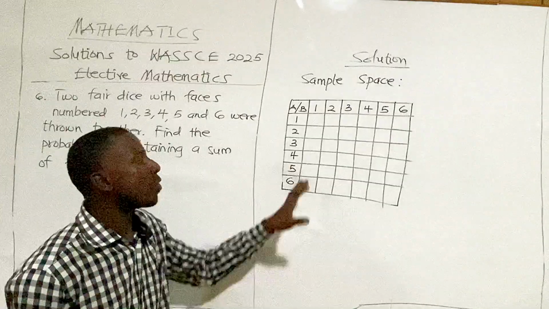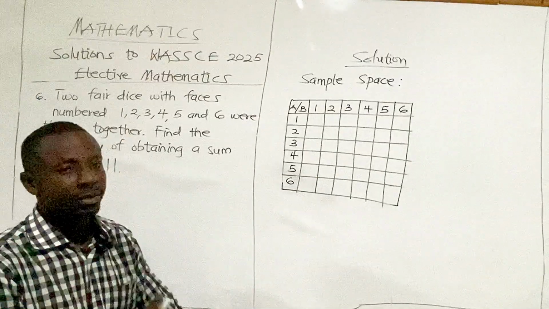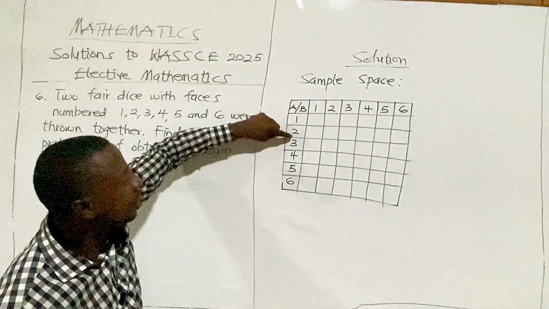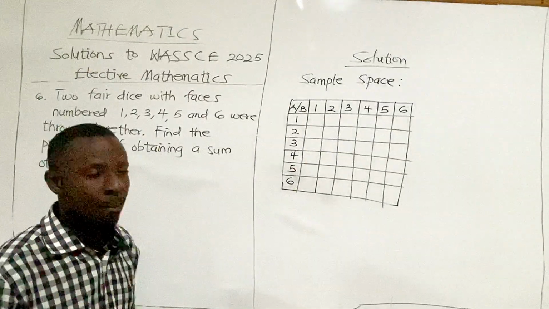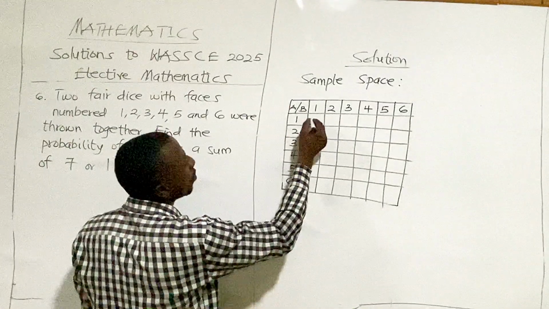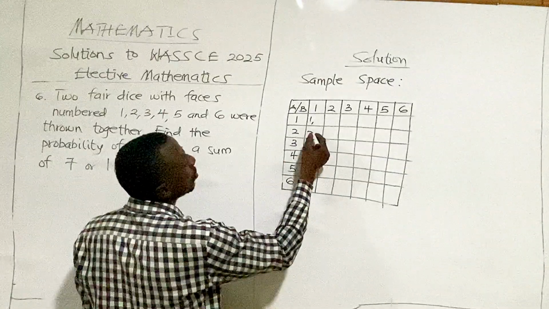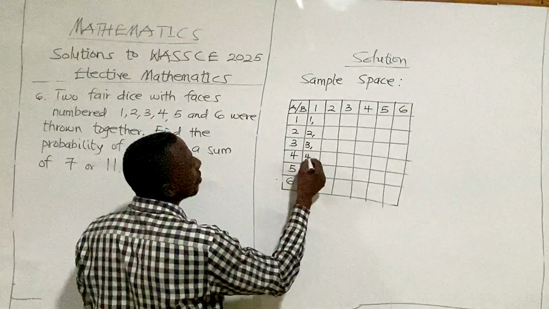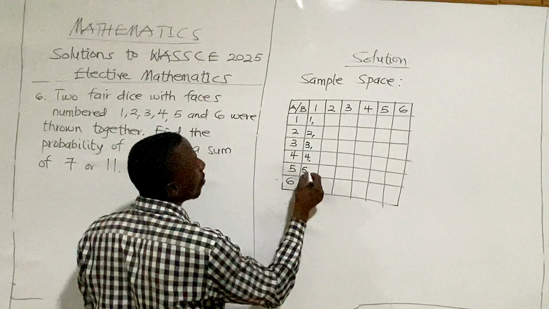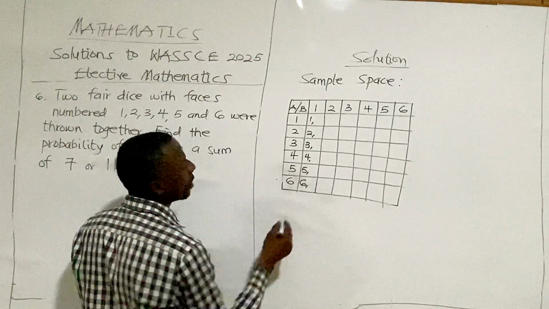Now this is how we are going to fill the table. We are going to repeat the same here with a comma: 1, comma, 2, comma, 3, comma, 4, comma, 5, comma, 6, comma.